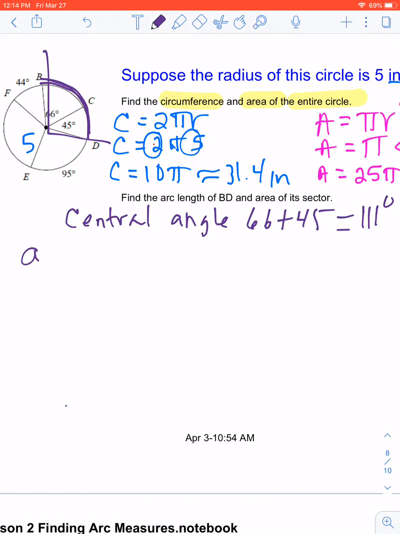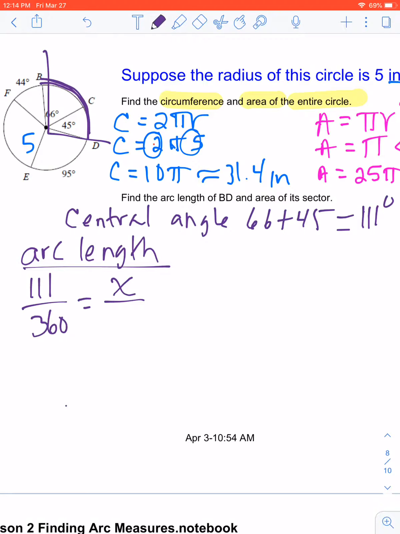So if we want to find the arc length, I'm going to take 111 over 360 is equal to the arc length I don't know over 2 times pi times 5. Well, we already discussed that that's 31.4, so that's going to help me out, maybe with fewer keystrokes.